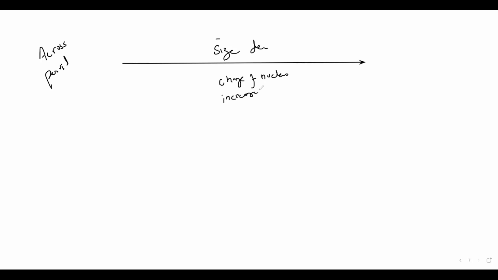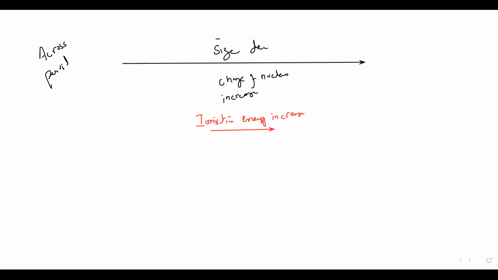So if the size is decreasing and the charge is increasing, ionization energy should increase. But practically, not all the elements follow the same trend.